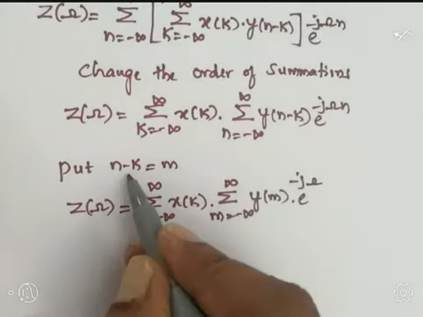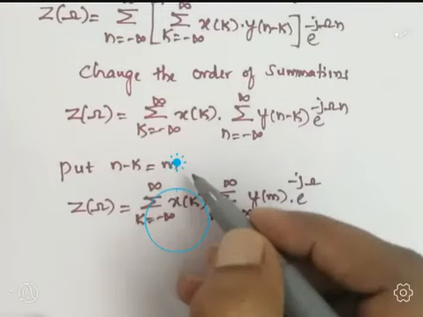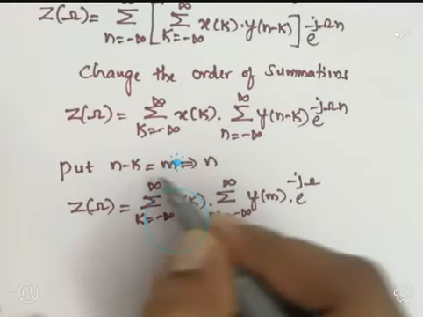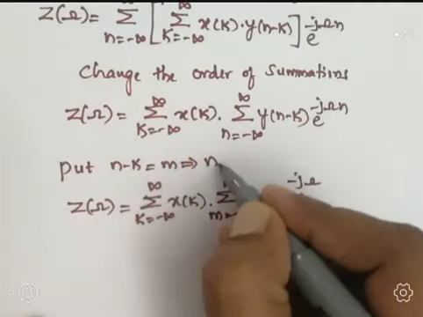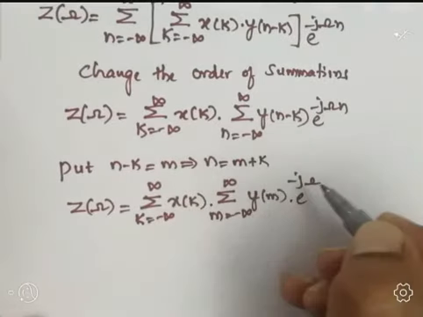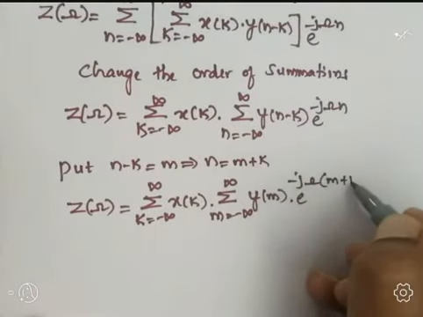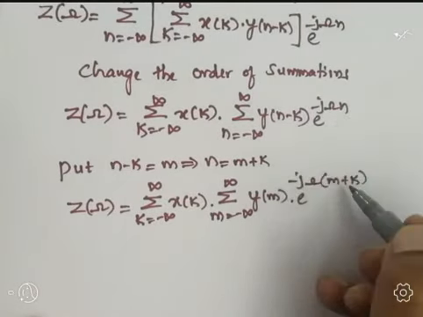Here n minus k equal to m, so n equals m plus k. In place of n I am writing m plus k.